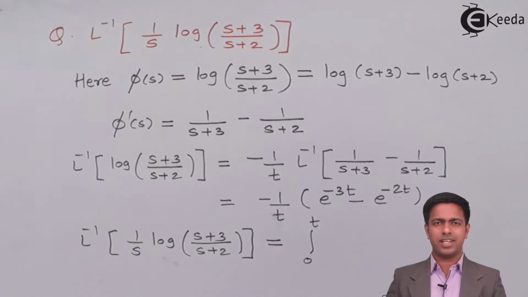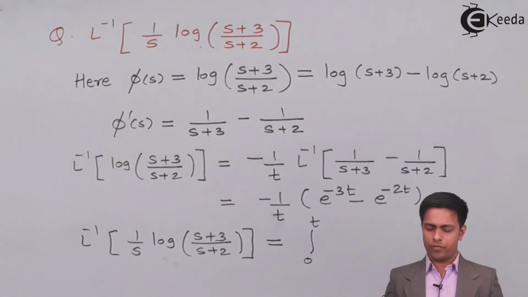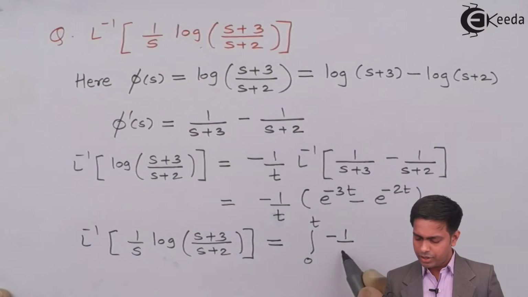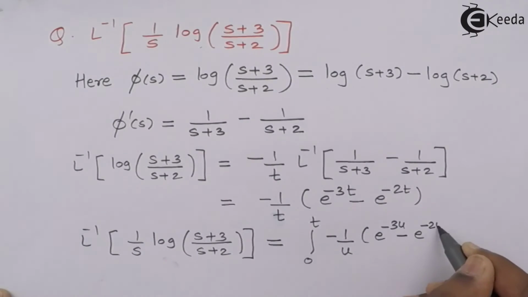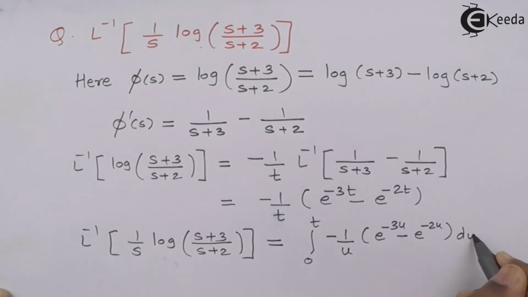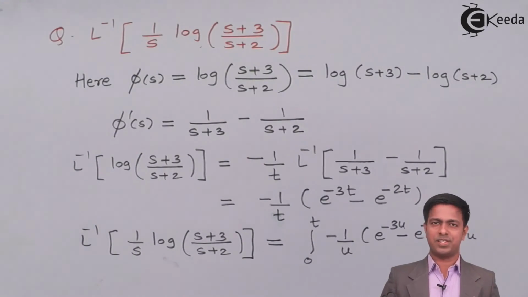Now guys, f of u is nothing but f of t only. In f of t, replace t with u, you get f of u. So that is negative 1 by u, times (e to the power minus 3u minus e to the power minus 2u) du. So guys, this is the inverse Laplace transform of the given function. I'm not going to solve it further because here I've applied the property and we got the inverse Laplace transform of that function. So this is how we got the inverse Laplace transform of a given function.